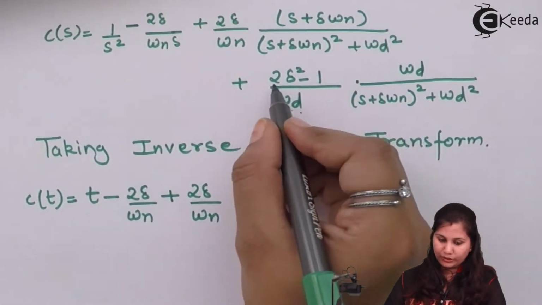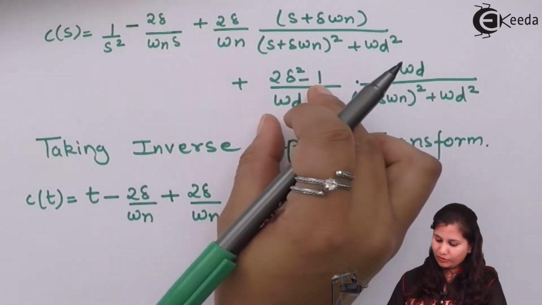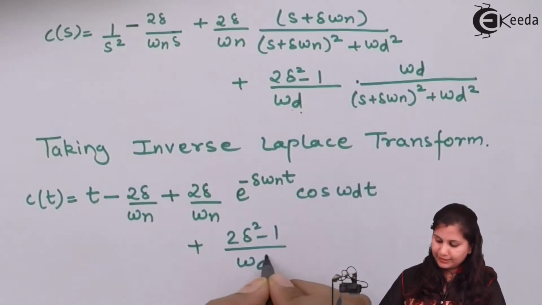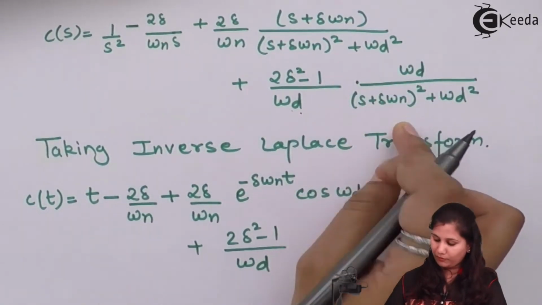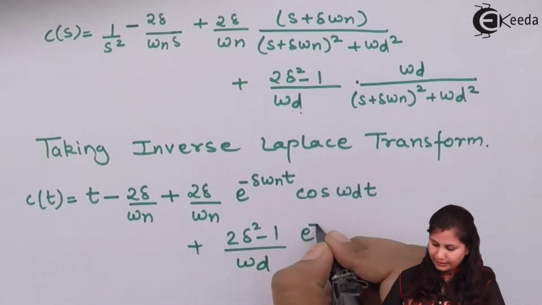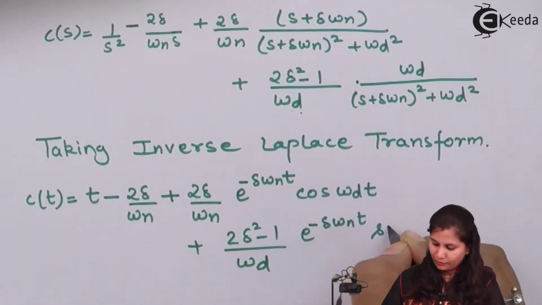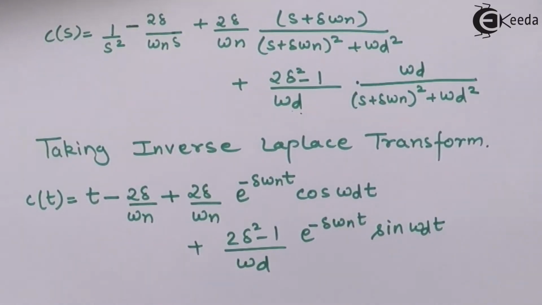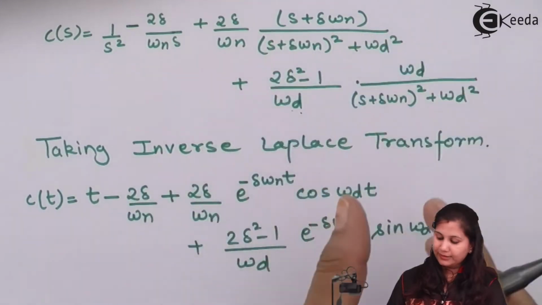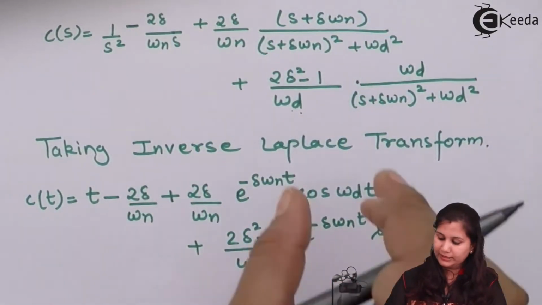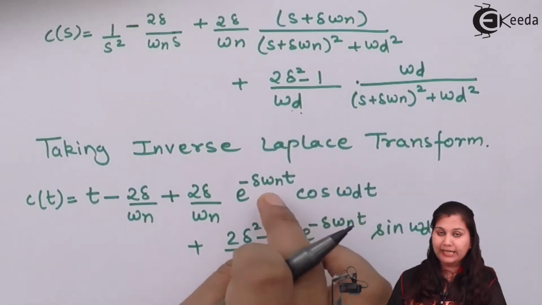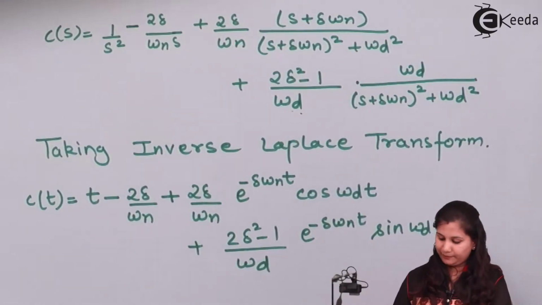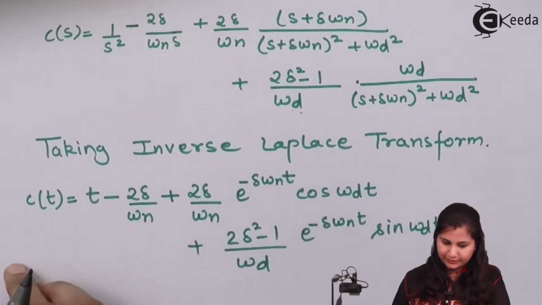And this (2 del square minus 1) upon omega d is a constant, so we can write it as it is. And this is forming the inverse Laplace transform of e raised to the power minus del omega n t sine of omega d t. So we can apply the standard inverse Laplace transform formulas. This is for e raised to the power minus at cos omega t, and this is for e raised to the power minus at sine omega t. Now let's simplify this.